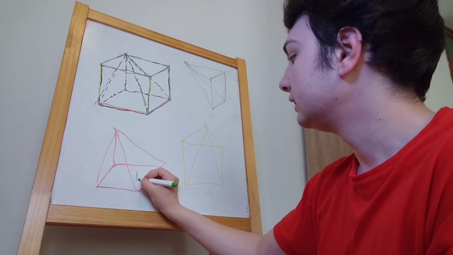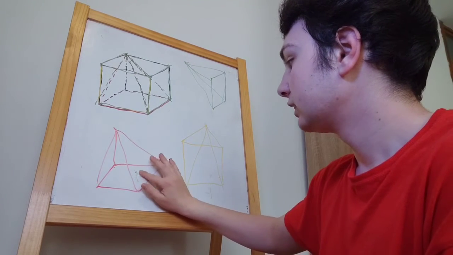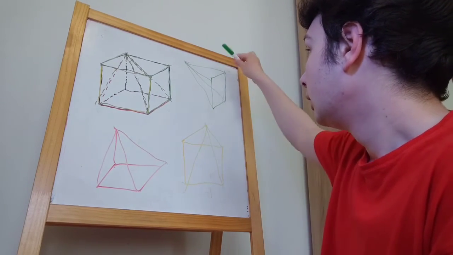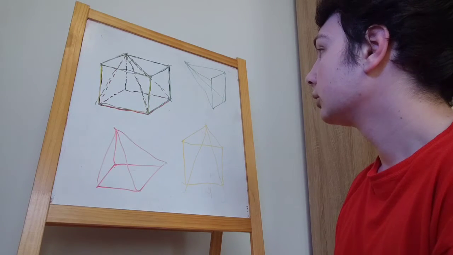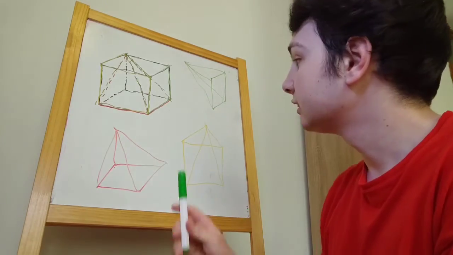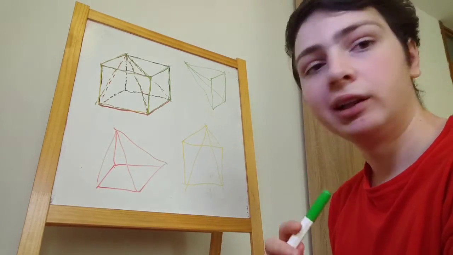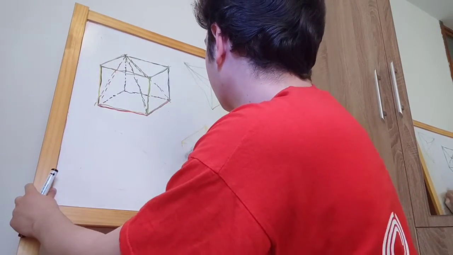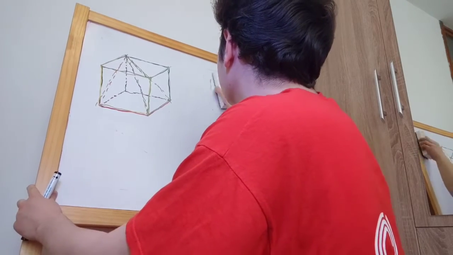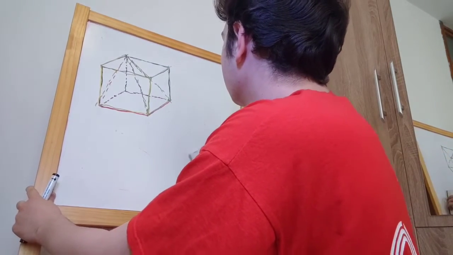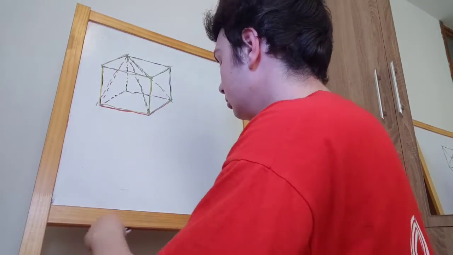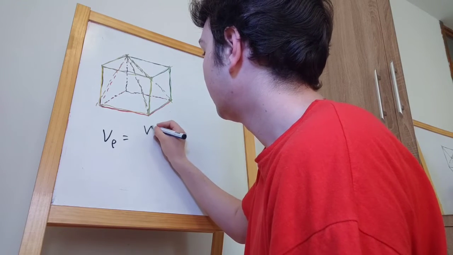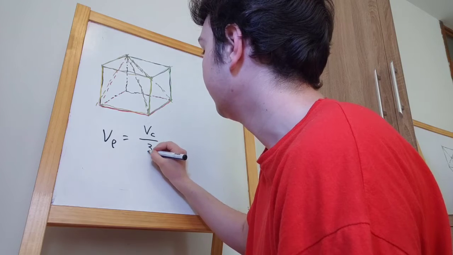So notice the base is the same. It's always a square with the same length. And the height is the length of the cube. So that means that these three pyramids are actually equal in volume. So what that gives us is the volume of a pyramid is equal to the volume of a cube over 3.